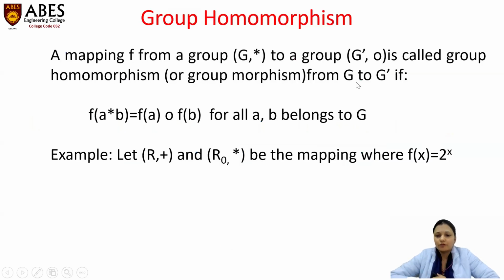What is group homomorphism? A mapping F from a group (G, star) to a group (G dash, O) is called a group homomorphism from G to G dash if the given condition is satisfied. The condition says that if we apply the operation given in the first group between two considered elements, and give this as an input to the mapping F, then it should satisfy this condition.